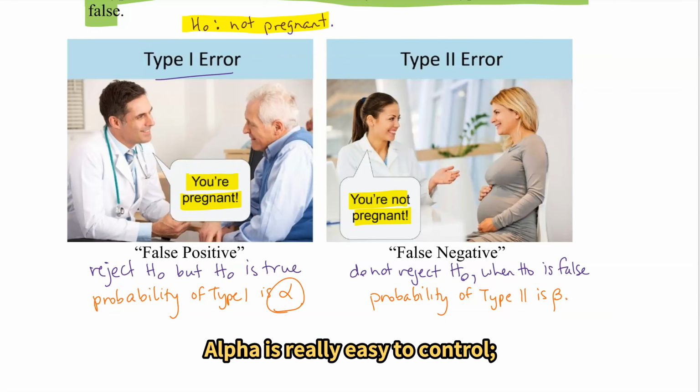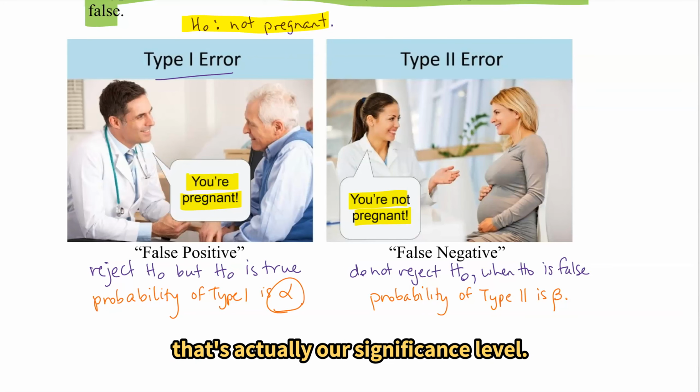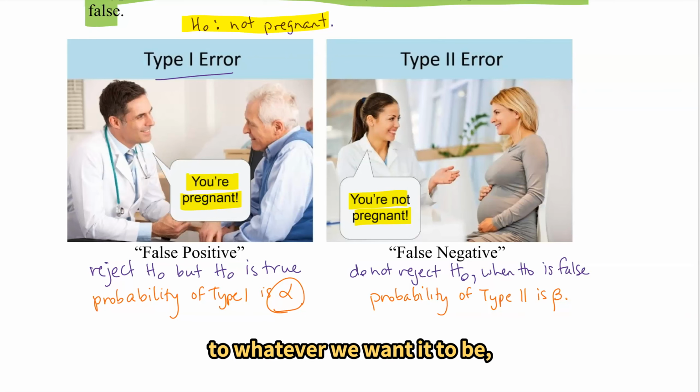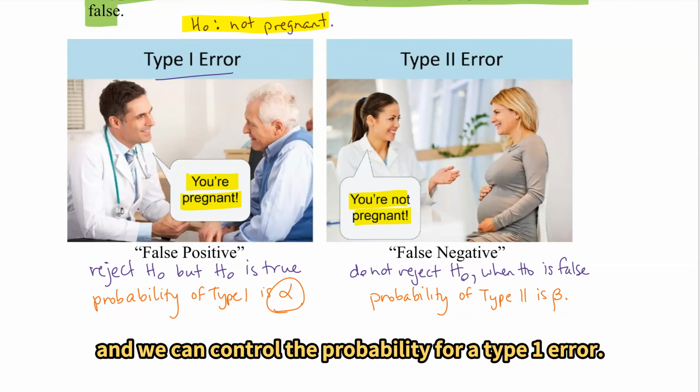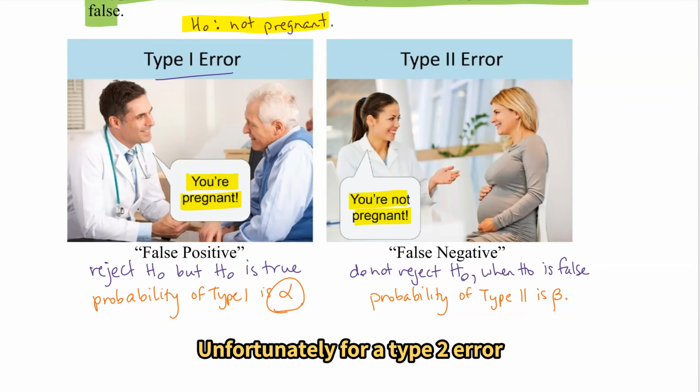Alpha is really easy to control. That's actually our significance level. We can adjust our significance level to whatever we want it to be, and we can control the probability of our type 1 error. Unfortunately, for a type 2 error, beta is hard to calculate and not as easily controllable.